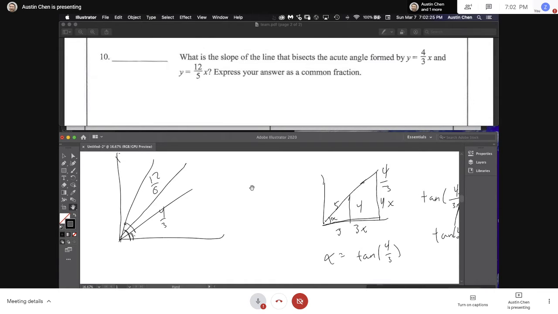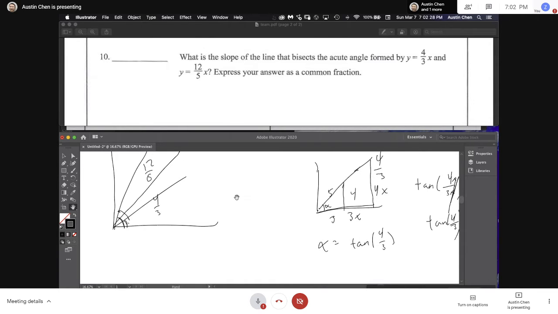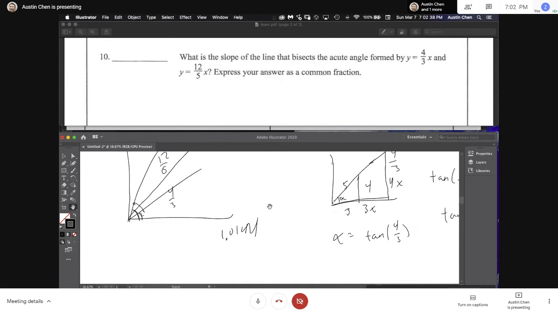I got 1.0144. Wait, I don't think that's correct. I got 1.75. So what did you do there? Is that supposed to be a 6 or 5? A 5. I think I put 5. Okay, it's going to be tangent 12/5 minus tangent 4/3, right?